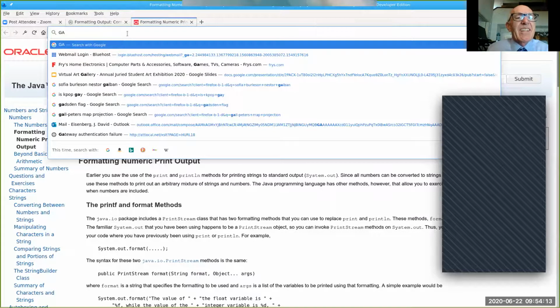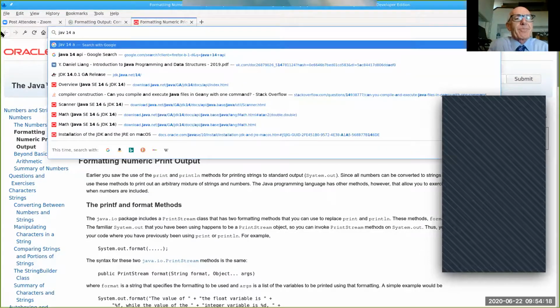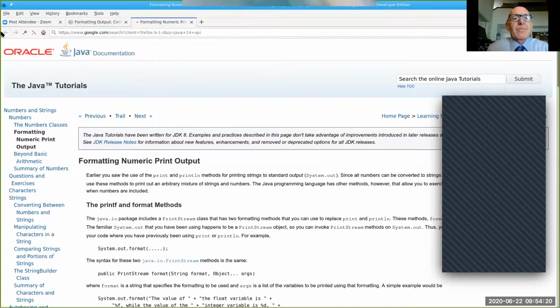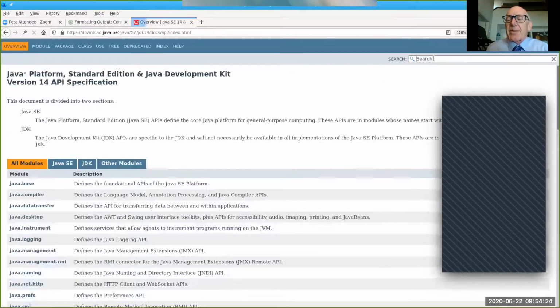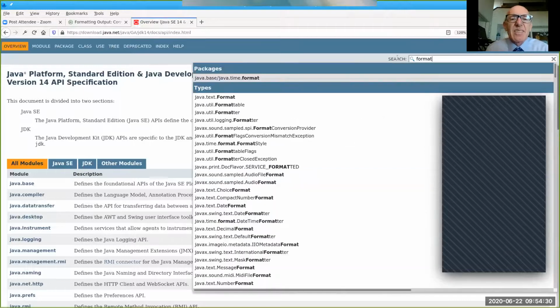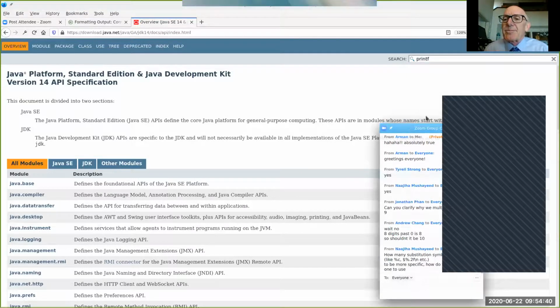Where was that here? Let's go back to here. I may have to update that. And it turns out there's a synonym, which is probably going to be better here.